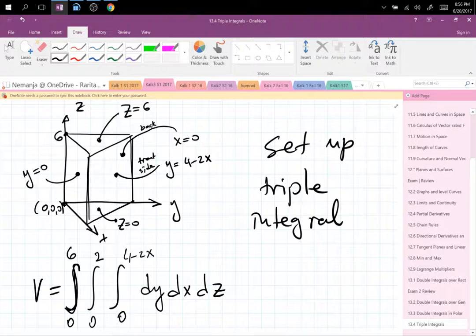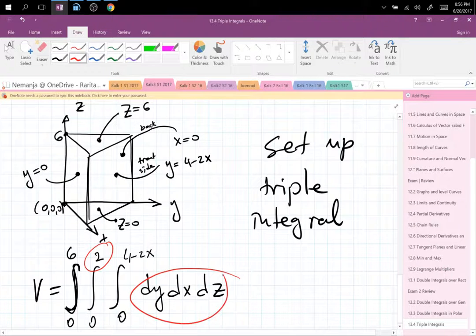That's when the line crosses the x-axis. Which line? 4 minus 2x, so y is equal to 0. And when y is equal to 0, to get y equal to 0, x needs to be 2, because then 4 minus 4 is 0. So what was tricky? This was tricky, figuring this out, because you're still new with this stuff.